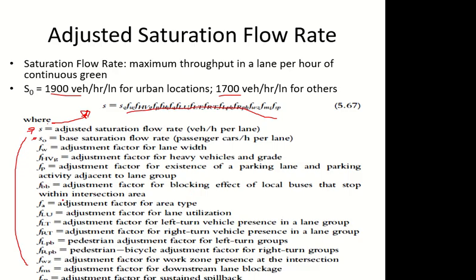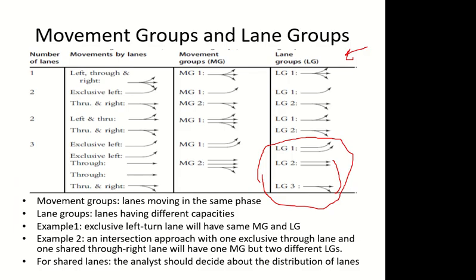Then you have the factor for area type, factor for lane utilization. So if you have 2 lanes for the same movement, let's say two lanes for left turning, these two. Will they carry equal number of vehicles, both of them? It's not the case.